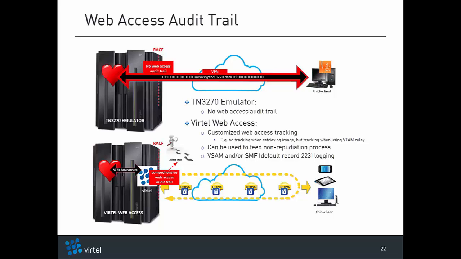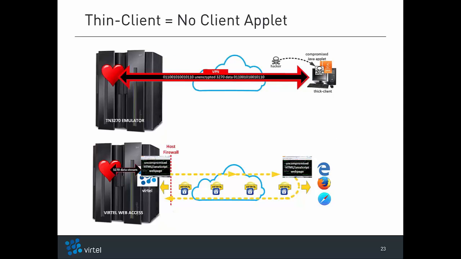This data can be used to feed a non-repudiation process, and it can be stored in a VSAM file or in SMF. By default, this would be the SMF record 223. Once again, Virtel Web Access keeps the control of access to host assets on the host where it belongs.